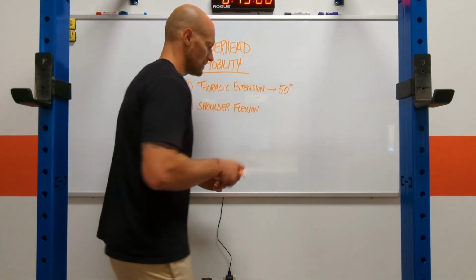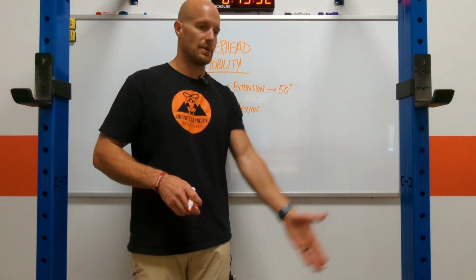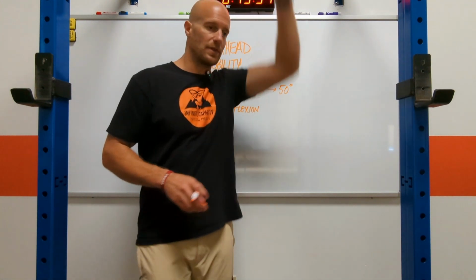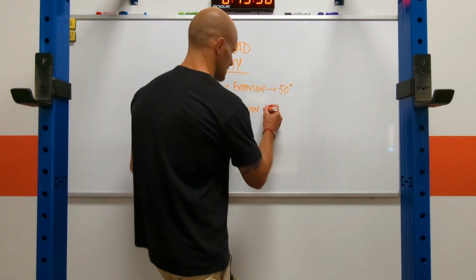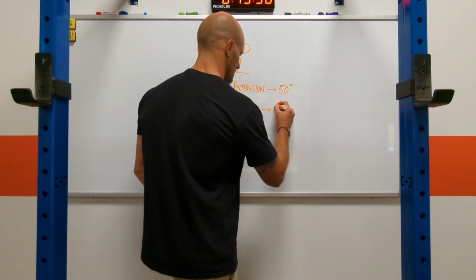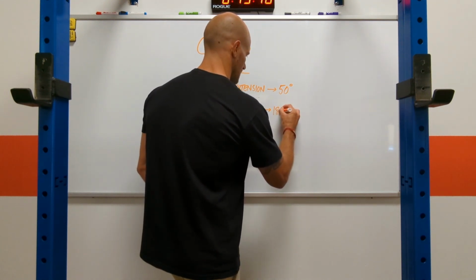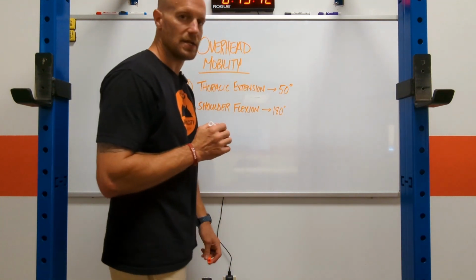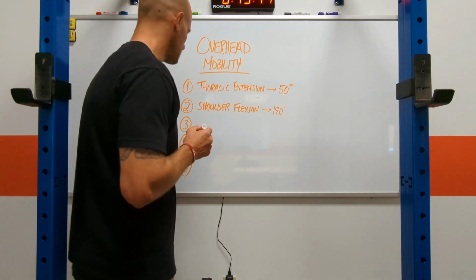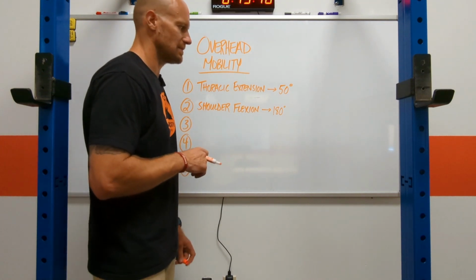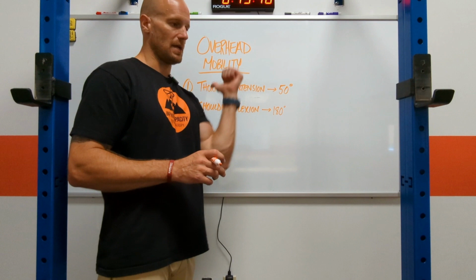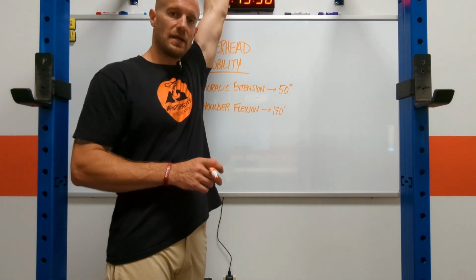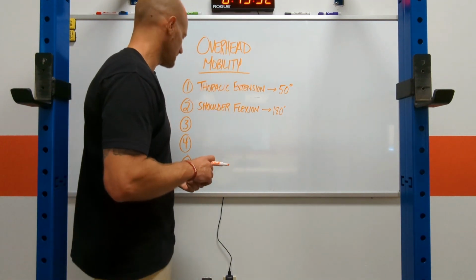What we're looking for there is for our shoulder to be able to get at least in line with our ear, which is roughly 180 degrees of shoulder flexion. And again, that's going to be important for anything involving an overhead pressing movement, anything hanging from the rig.